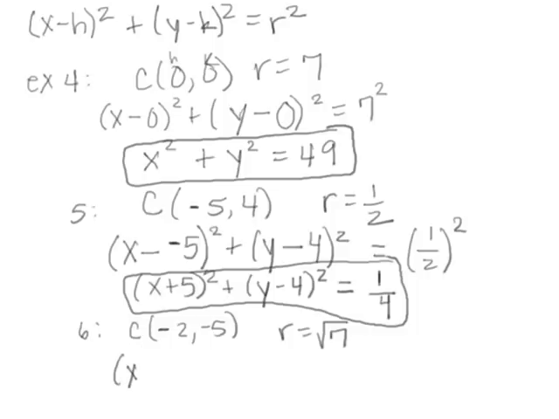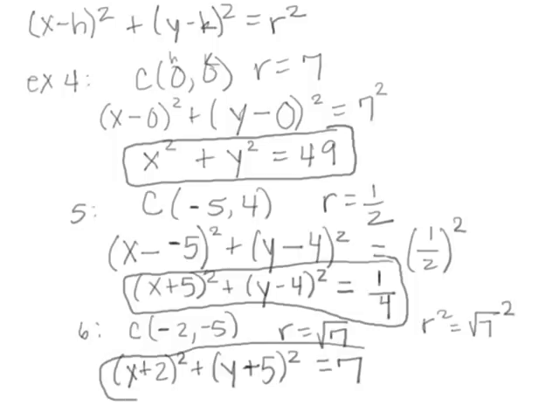So this will become x minus negative, plus 2 squared plus y minus a negative would be plus 5 squared will equal, now I need r squared in this space right here. If I square r, radical 7 squared, the square root and the square will do away with one another, their inverse operations, leaving us with just 7. And here is the equation of this circle.